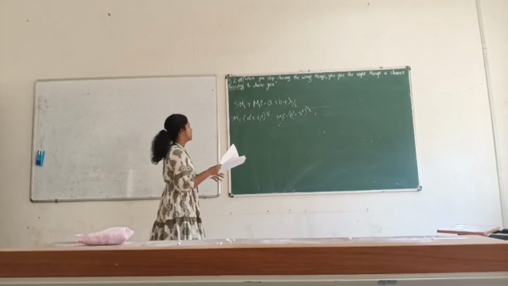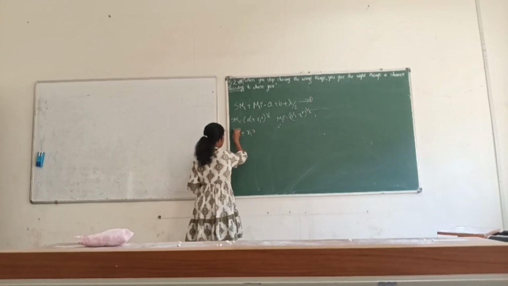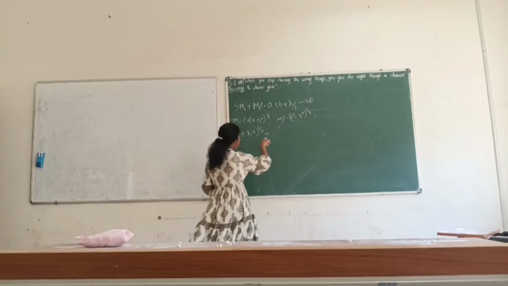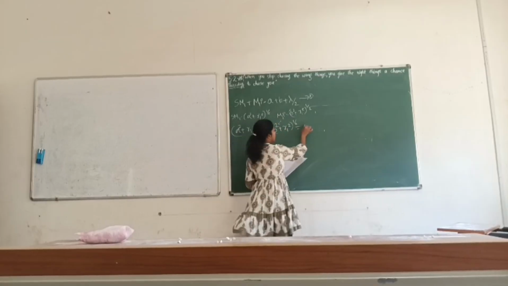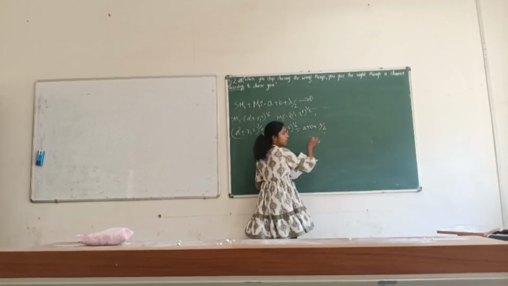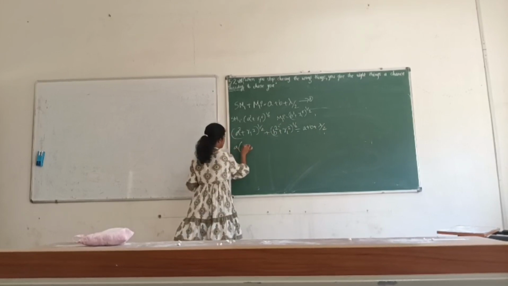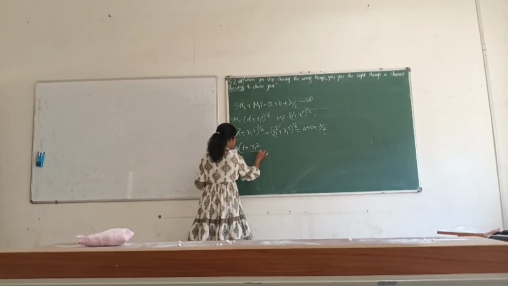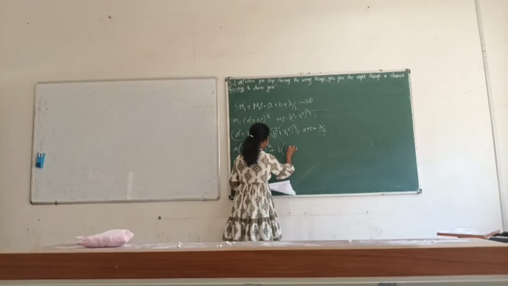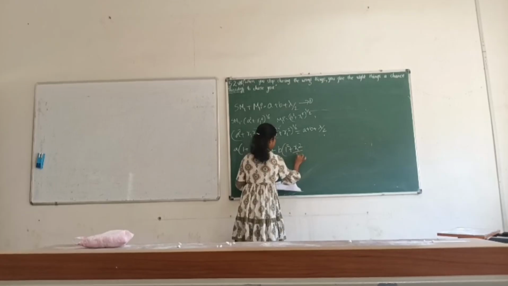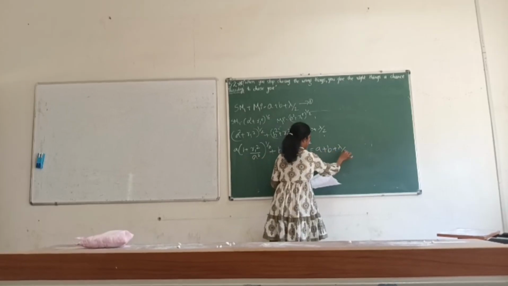Now we substitute the values into this equation. SM1 is (A square plus R1 square) raised to 1 by 2 plus M1P, (B square plus R1 square) raised to 1 by 2, which is equal to A plus B plus lambda by 2.